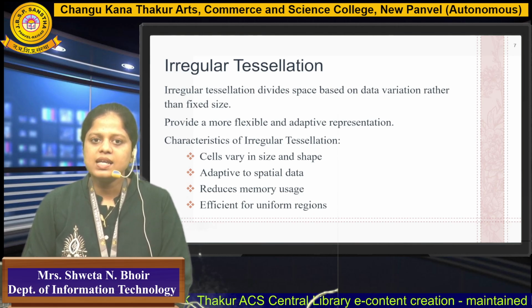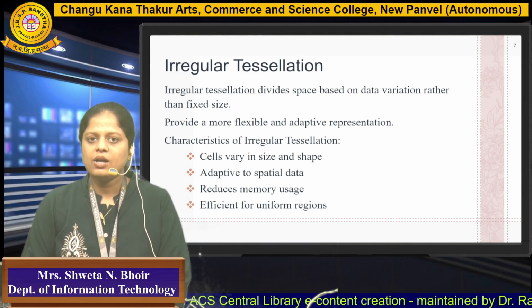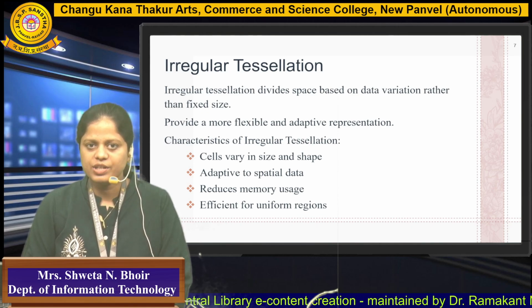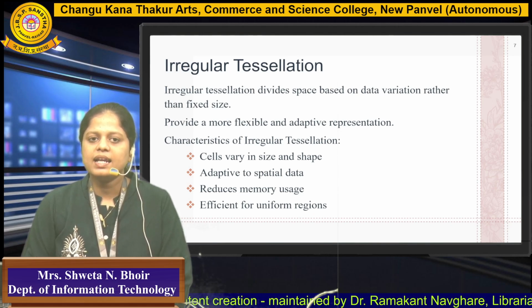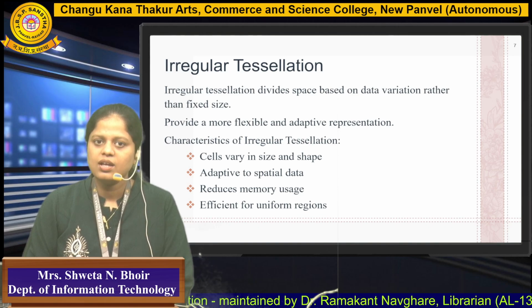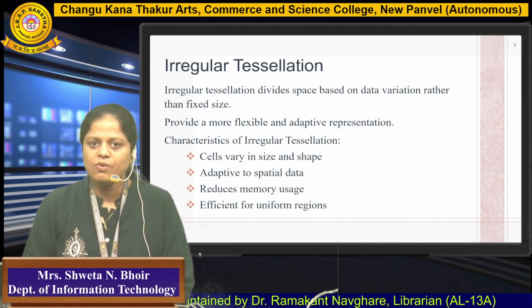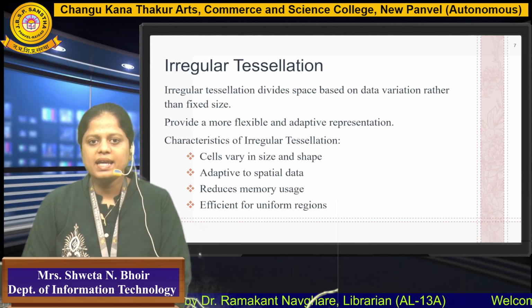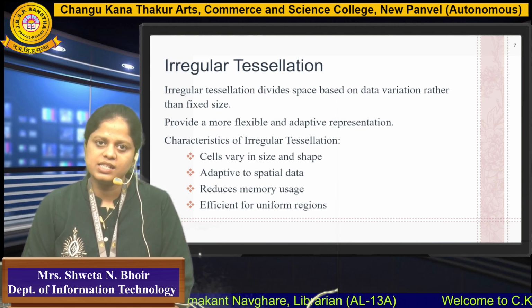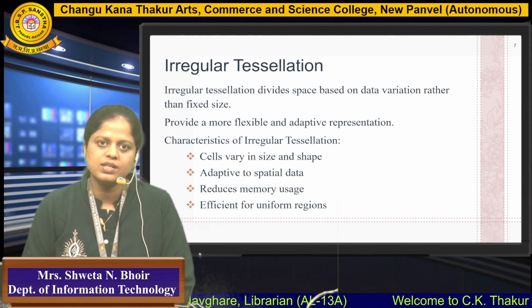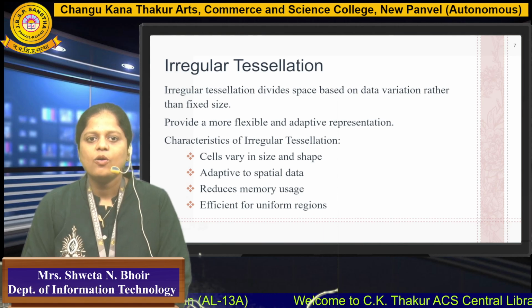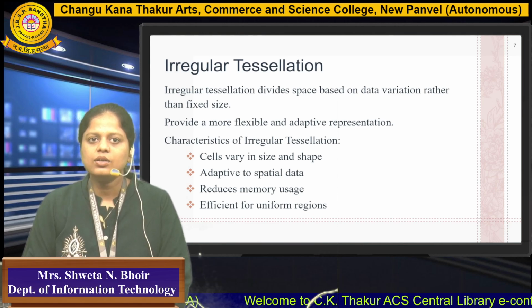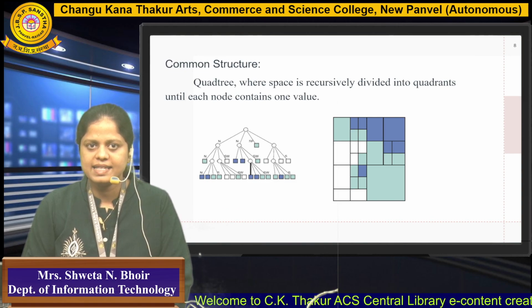It reduces memory usage because of the different cell sizes. It requires less memory storage, and it is efficient for uniform regions. Basically, irregular tessellation is most widely used in the world because it is flexible and more adaptive. So these are the two types of tessellation.